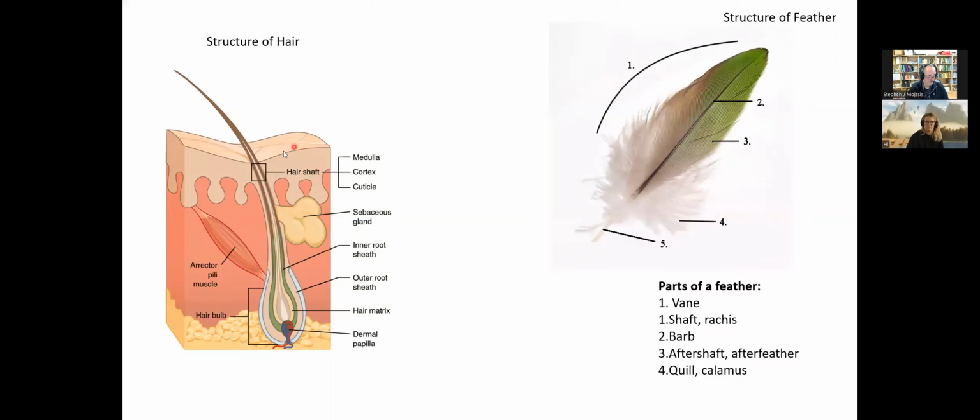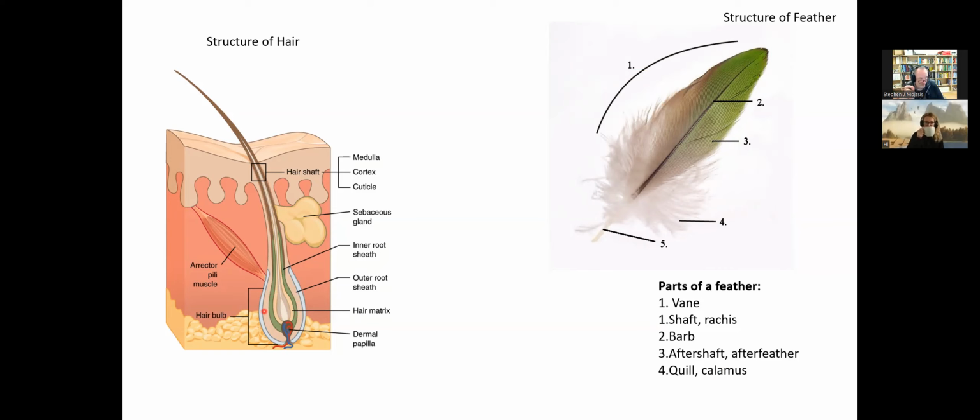Hair, of course, erupts from the skin like this. But underneath the skin, in the hair shaft, the hair is lubricated by this gland, the sebaceous gland. And then there's a hair root here that's encased in a sheath.